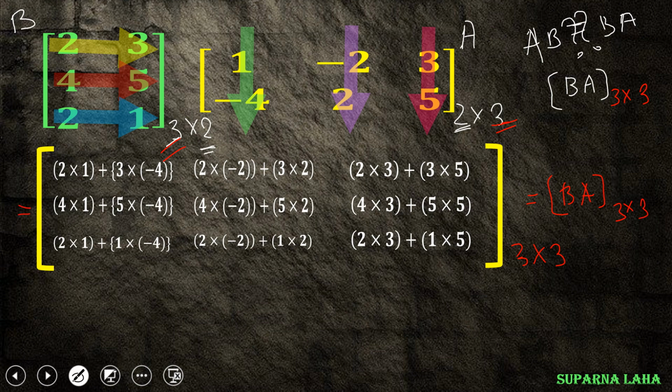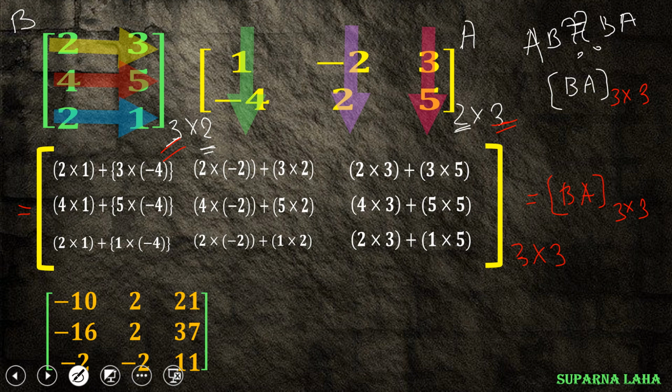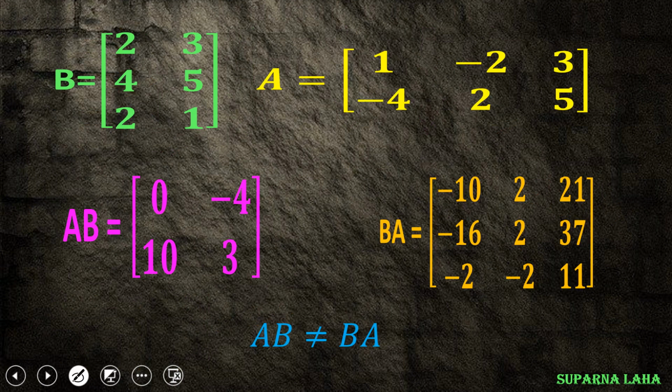Now simplify it, you will find the value is given by: minus 10, 2, 1, minus 16, 2, 37, minus 2, 1, 11. This is the matrix after multiplying B with A. So this is B into A. Okay. Now we have A and B in this form, and AB is a 2 cross 2 matrix and BA is a 3 cross 3 matrix.